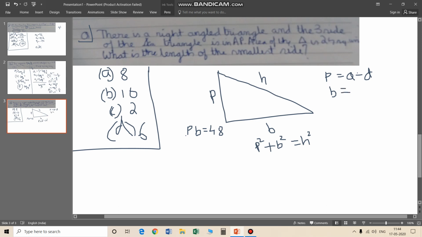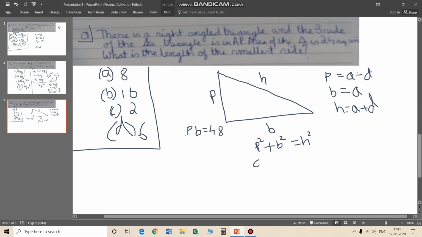And H, since it is the largest side, is A plus D. Simplify now, putting the values of A and D in each term.